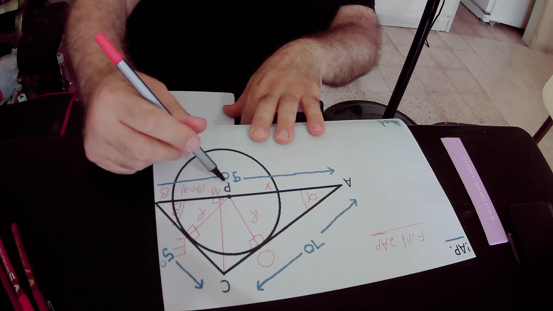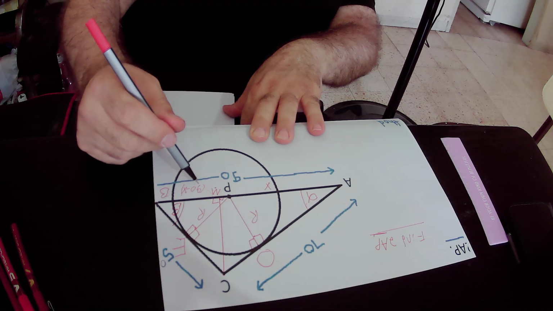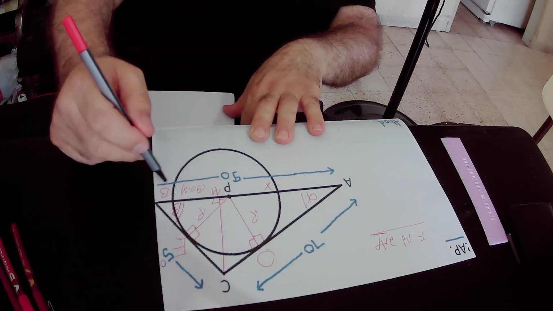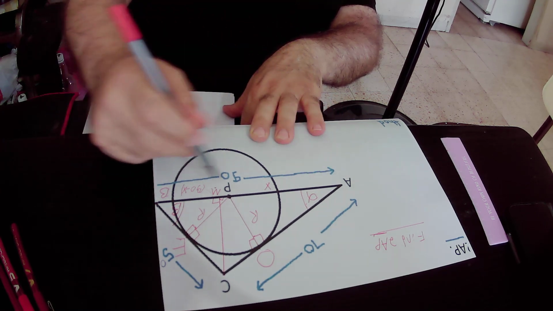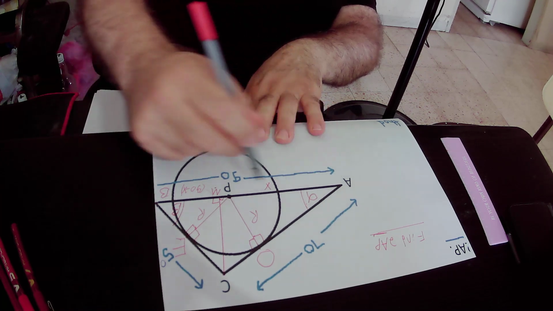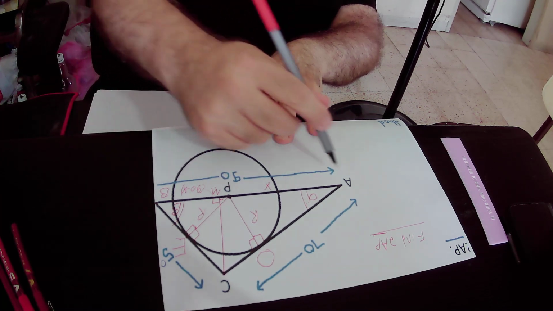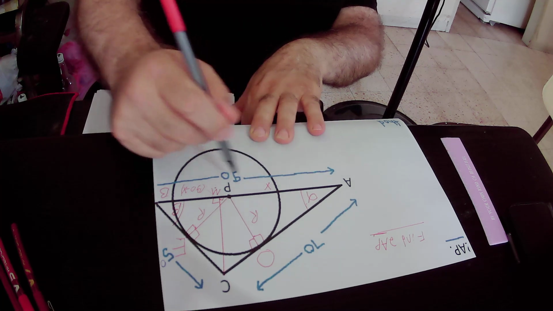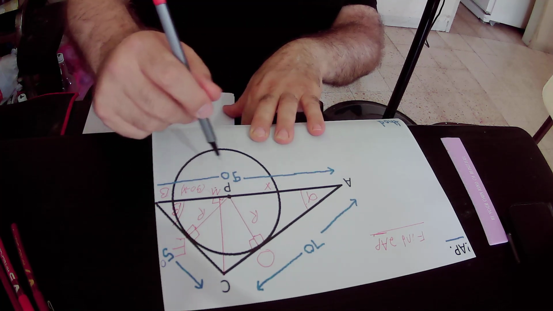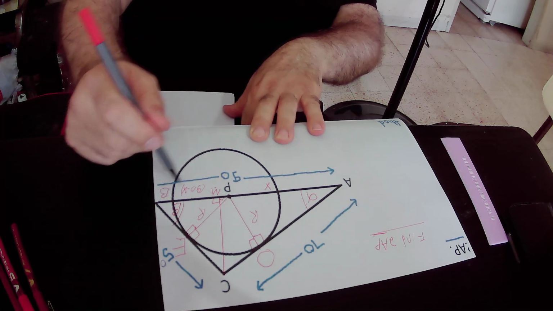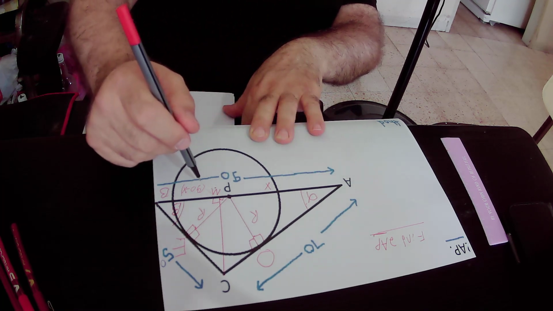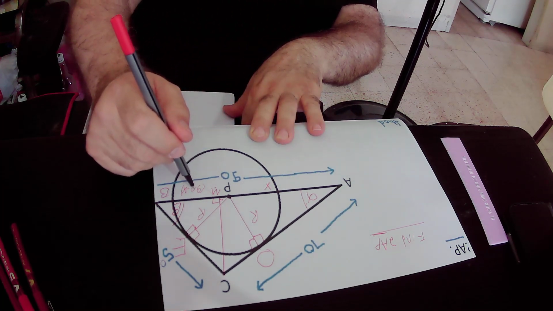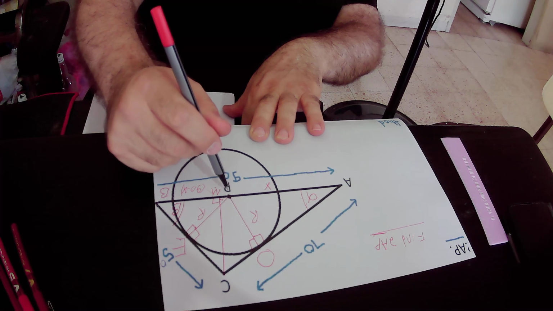So PB equals 90 minus x, because AB is 90 and AP is x. So AB minus AP equals PB, or 90 units minus x equals 90 minus x, that is actually PB.